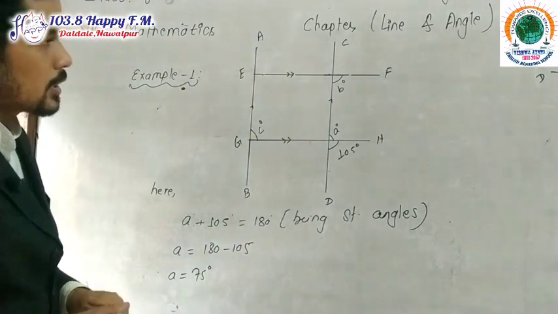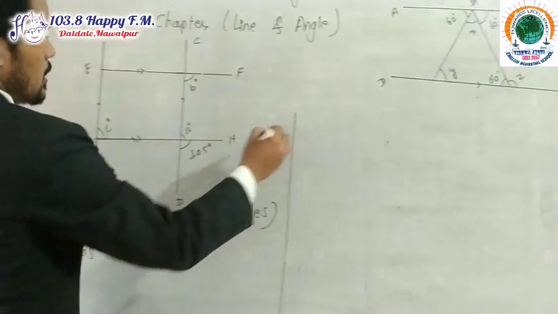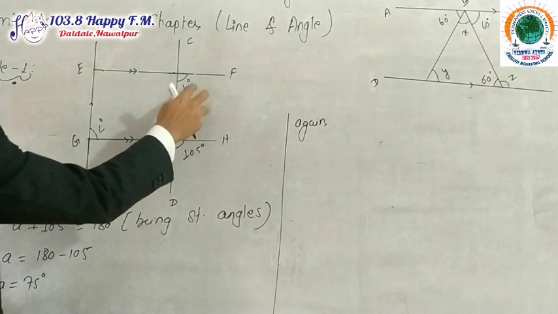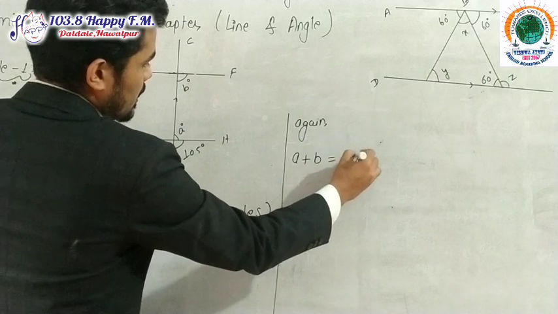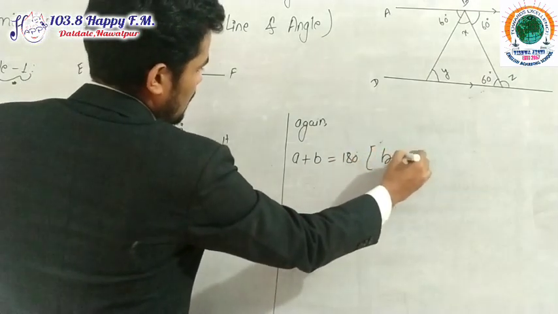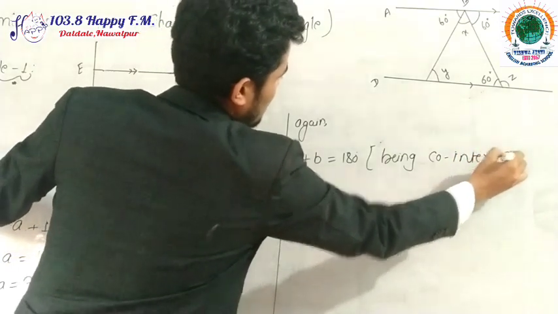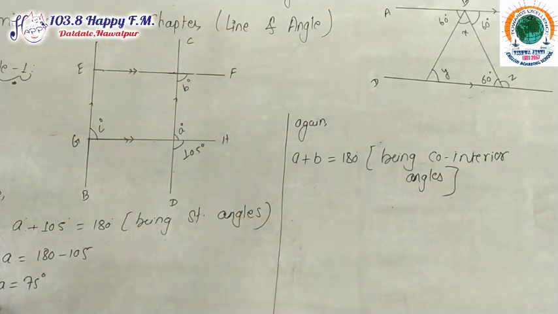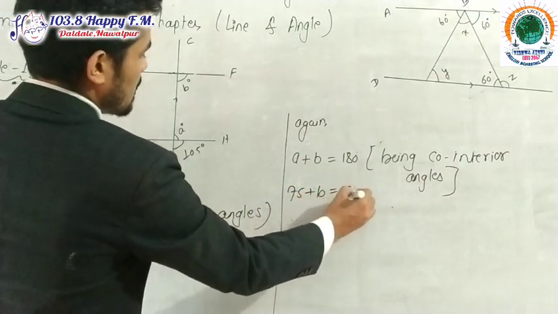And the sum of co-interior angles is 180 degrees. So A plus B should be equal to 180 degrees. We know A is 75 degrees, so 75 plus B is equal to 180 degrees.